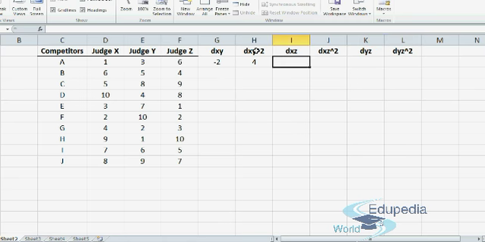Okay, so D, X and Z will be equal to the value of X minus the value of Z, and DYZ will be equal to the value of Y minus the rank given by judge Z. And then squaring them here.